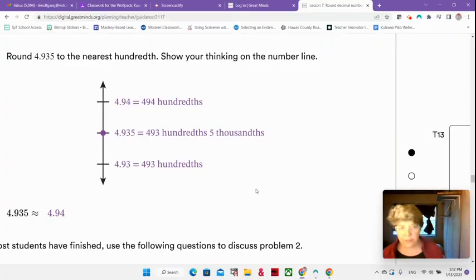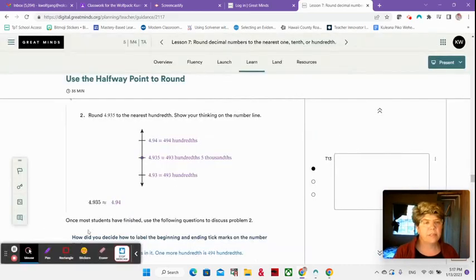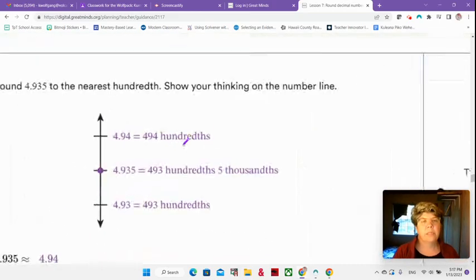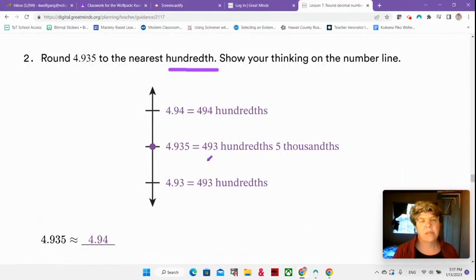This is number 2 in your book. And you can see that we're looking at rounding 4 and 935 thousandths to the nearest hundredths, right? So we're looking at the nearest hundredths. And so we're saying I have 4 and 93 hundredths.